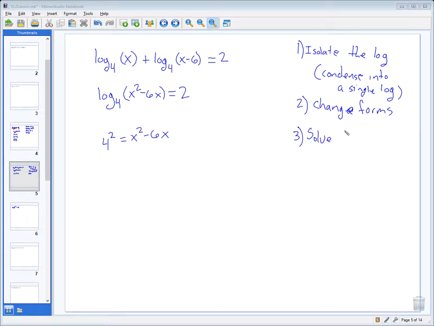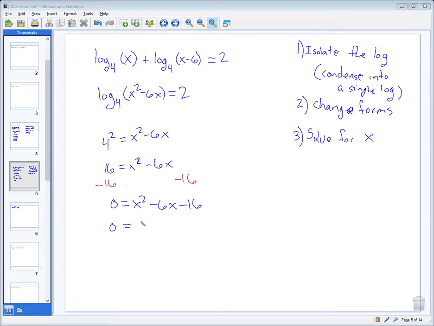So we are going to solve for x. Because we still have an x squared, we're going to have to factor. So 4 squared is 16, and that equals x squared minus 6x. We're going to subtract the 16 to the other side because we need to factor. So we've got 0 is equal to x squared minus 6x minus 16.